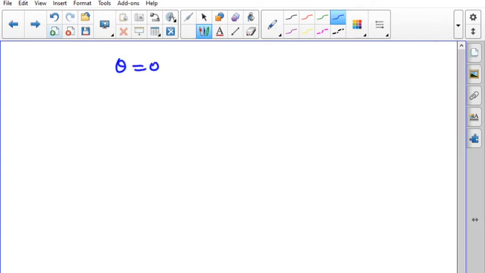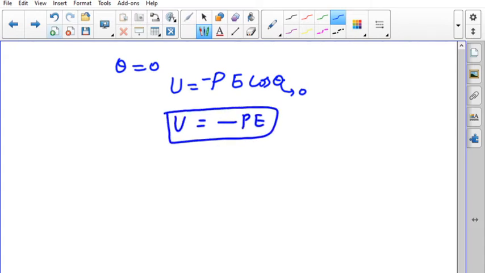When theta is equal to 0, we substitute in minus PE cos theta, and it is minus PE, that is the minimum value of the potential energy. Okay, hope you have understood.